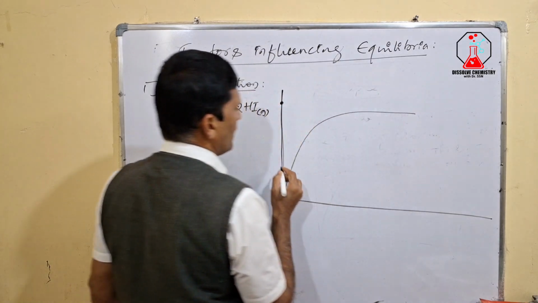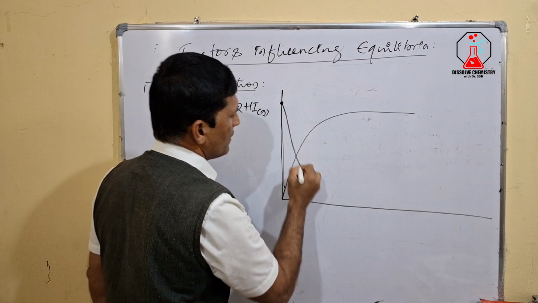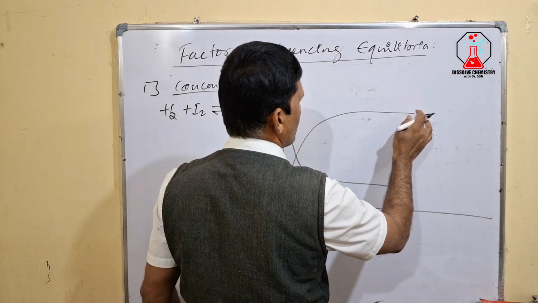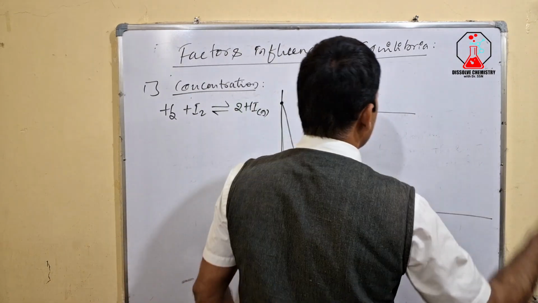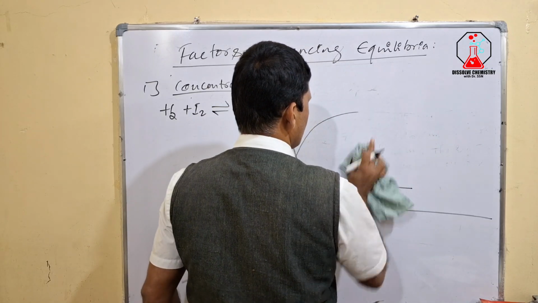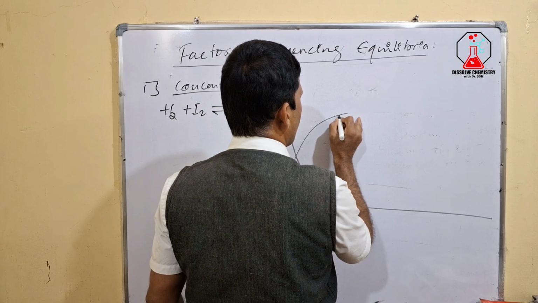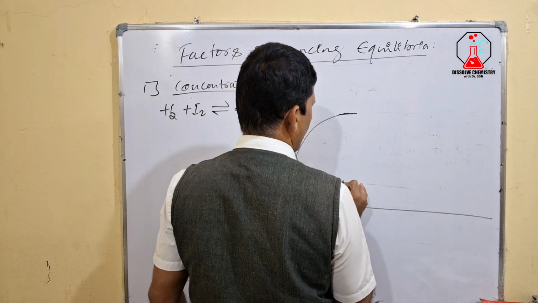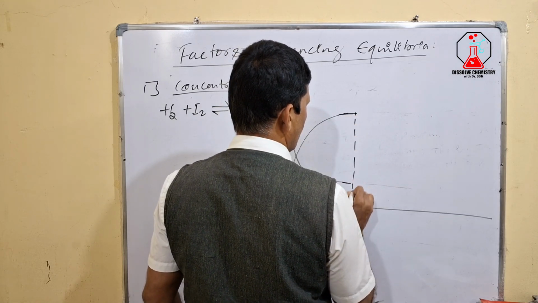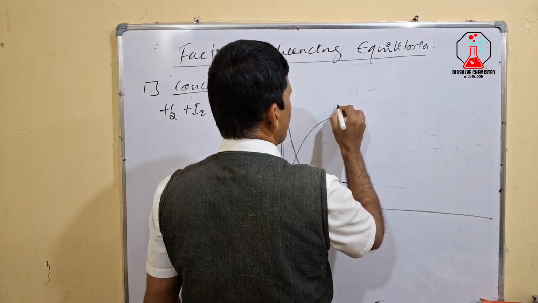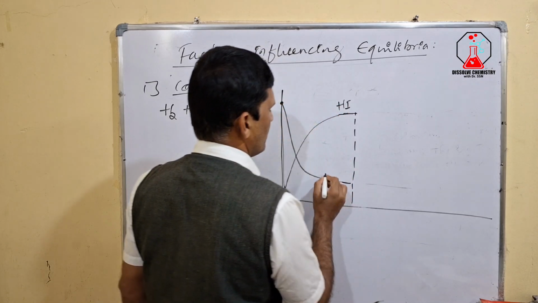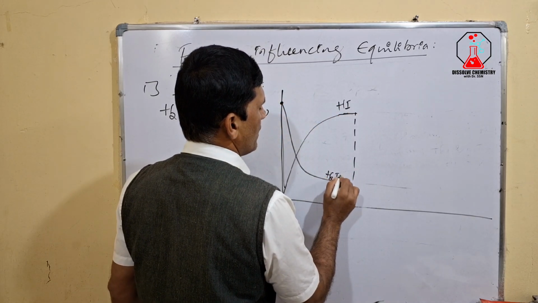When the reaction attains an equilibrium, you can consider it here. It is at equilibrium. This is your HI and this is your H2 plus I2.